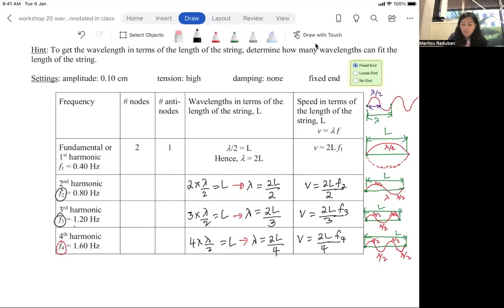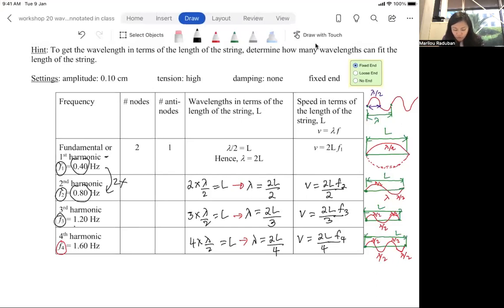The reason why I was writing the wavelengths in terms of half wavelengths is that hopefully you can see a pattern emerging, right? For F1, which we call the first harmonic or fundamental frequency, lambda is equal to 2L. For F2, the second harmonic, which is double the frequency of the first harmonic, you have 2L over 2.